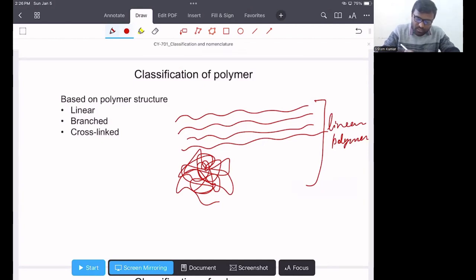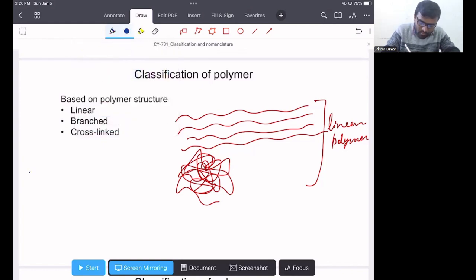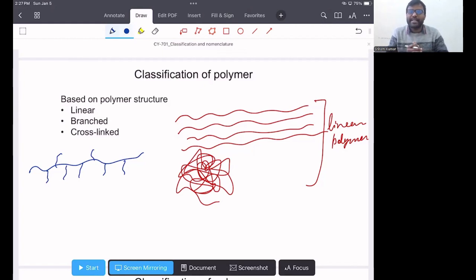And the branched polymers. If you consider the example of branched polymers, we have the polymer there, and if you have some kind of branching there, this is an example of branched polymers. We have the short branching. If you have the long chain length and you have the short branching there, this is an example of a branched polymer.